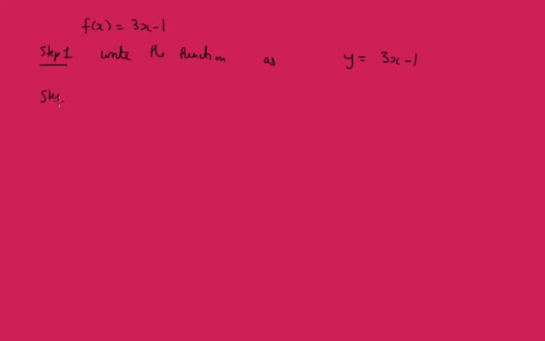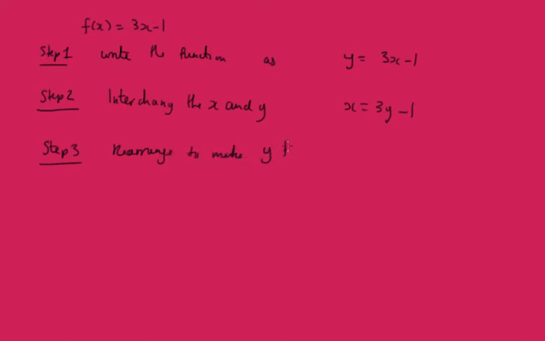So step 2, interchange the x and y. So now we're going to have x equals 3y minus 1. Step 3, rearrange to make y the subject.